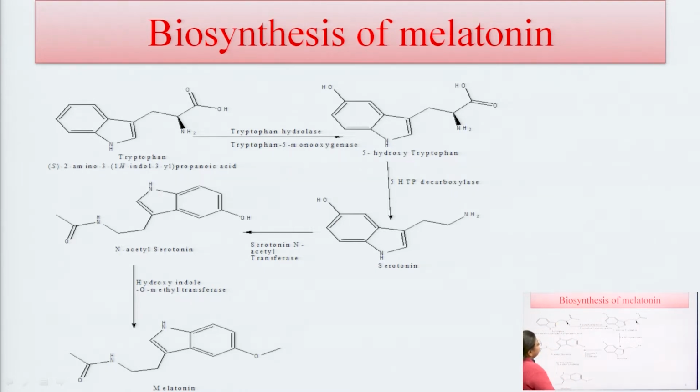When tryptophan reacts with the tryptophan 5-monooxygenase enzyme, 5-hydroxytryptophan is formed, and when this reacts with the 5-HT decarboxylase enzyme, the carboxylate group is removed and serotonin is formed.